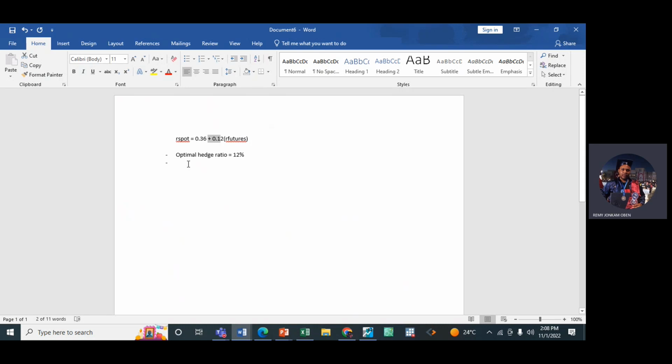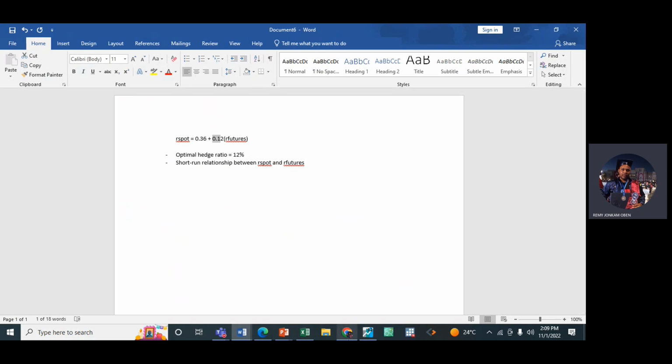This 0.12 also shows us the short run relationship between the return of the spot series and the return of the futures series. Short run, not long run, right? I'm just trying to tell you how you can interpret these coefficients.